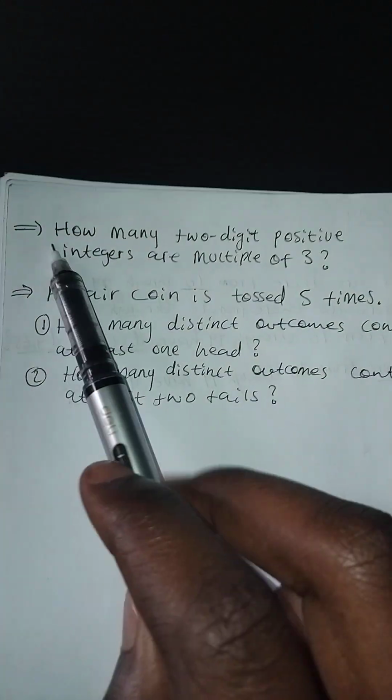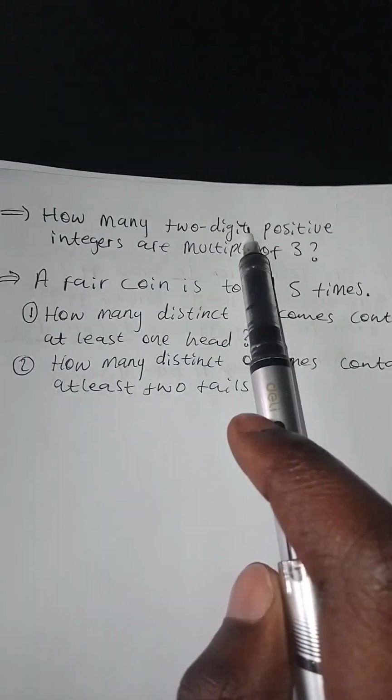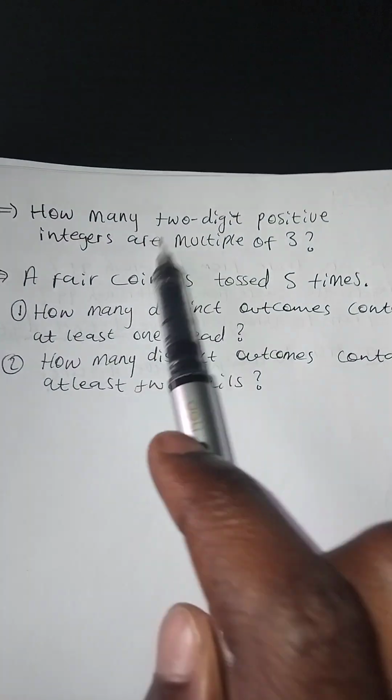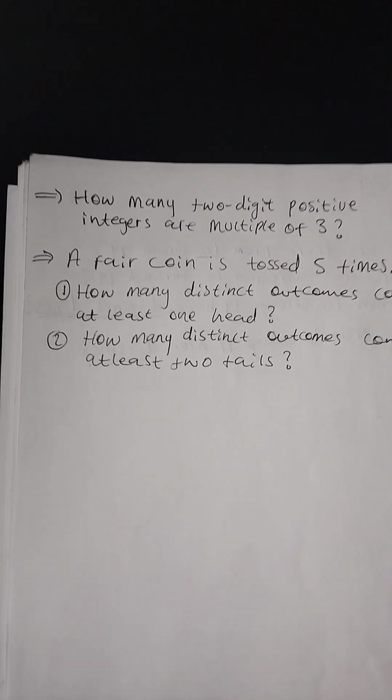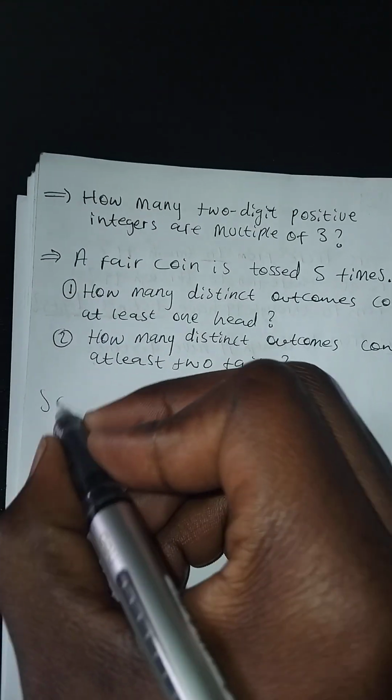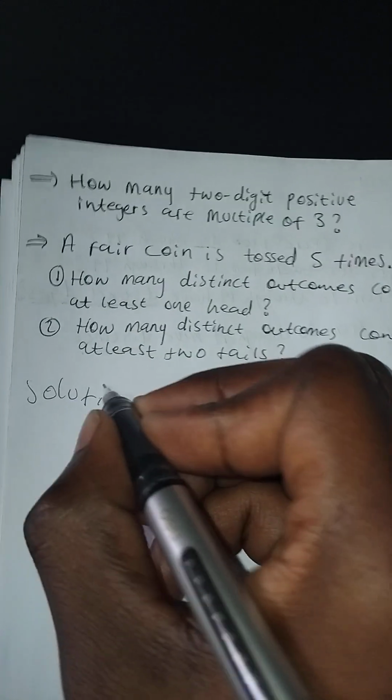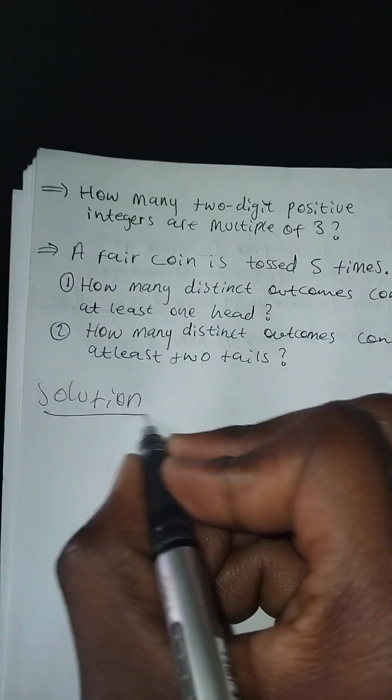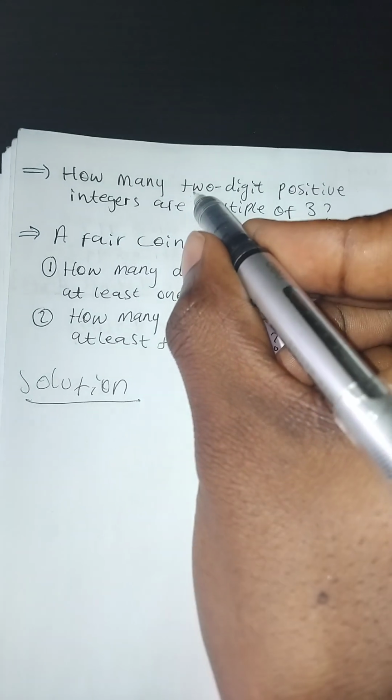Okay, so the next one says how many 2-digit positive integers are multiples of 3? Okay, so let's do that one together. So they specify that it has to be 2-digit.